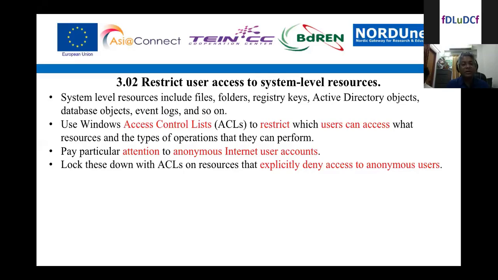So use Windows access control and ACLs to restrict which users can access what type of resources, and pay particular attention to the anonymous internet user accounts, and lock this down with ACLs on the resources that explicitly deny access to the anonymous user. So you have to restrict user access to the system level resources.